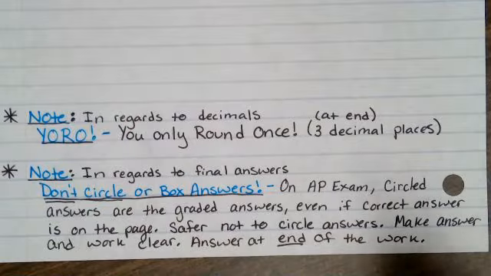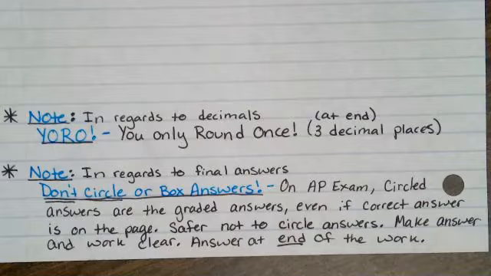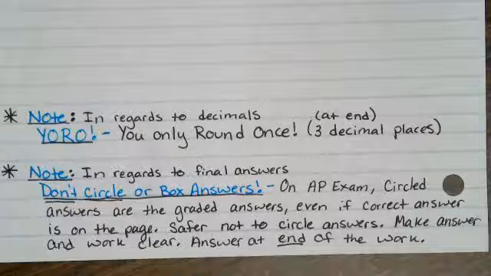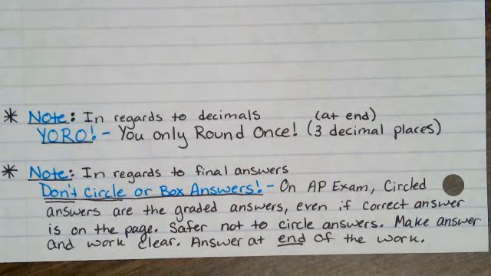Second thing, if you have already been noticing, I have not been circling or boxing in my answers, and that is simply because sometimes on that free response question on the AP test, it can be in your best interest not to. It's a little safer not to circle those answers.